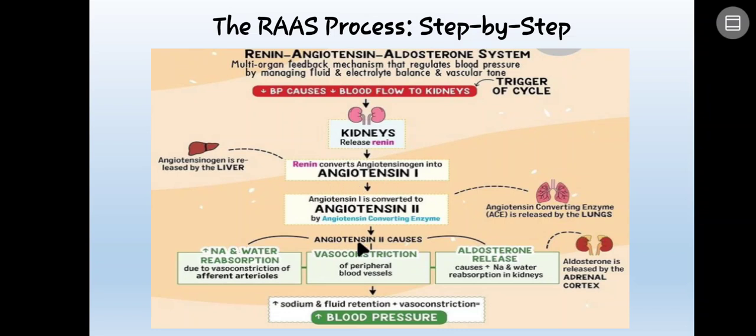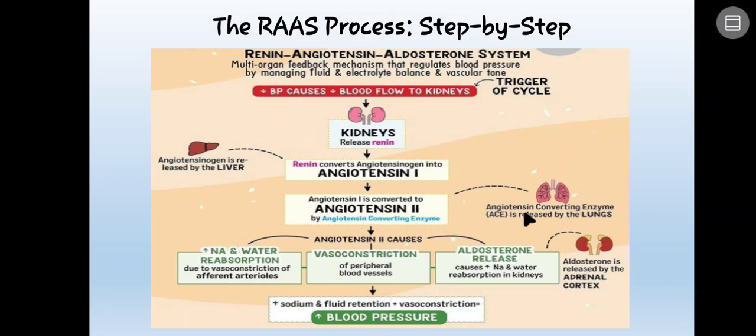It circulates and gets to the lungs. The lung produces an enzyme we call the angiotensin converting enzyme. This enzyme is released by the lungs, and what it does is convert angiotensin 1 to angiotensin 2.